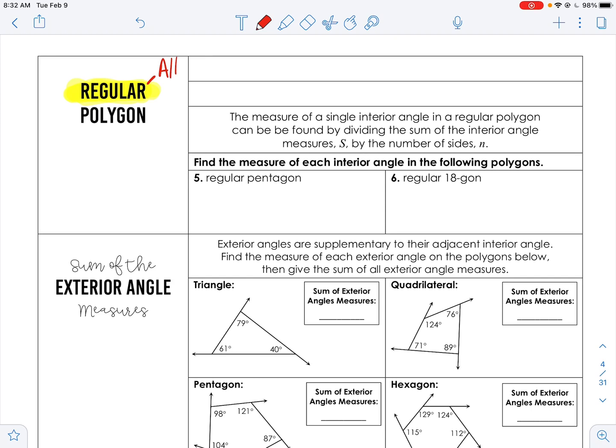Actually, let me do it this way. I got room for it. A regular polygon is a polygon in which all side measures are congruent.